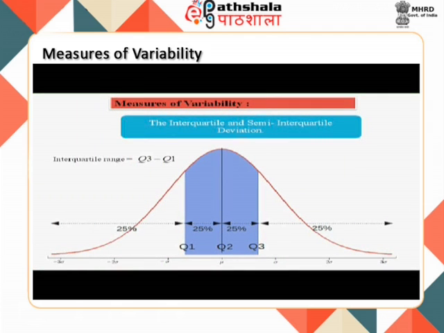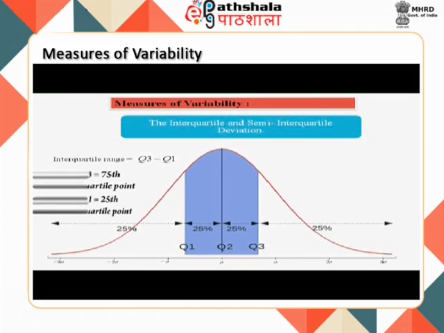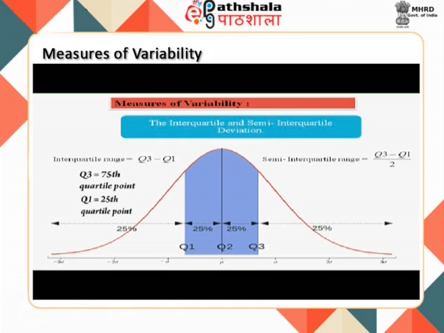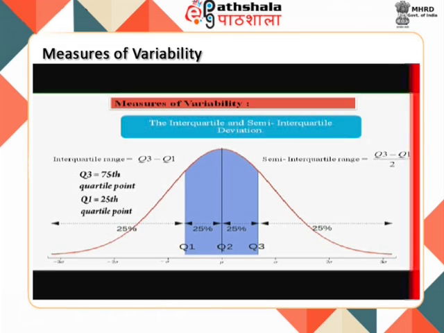The interquartile range, represented by Q, is the difference between the 75th and 25th quartile points in a distribution. The semi-interquartile range is one half of the interquartile range.